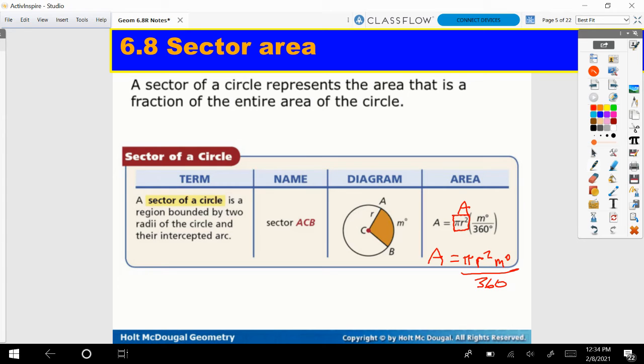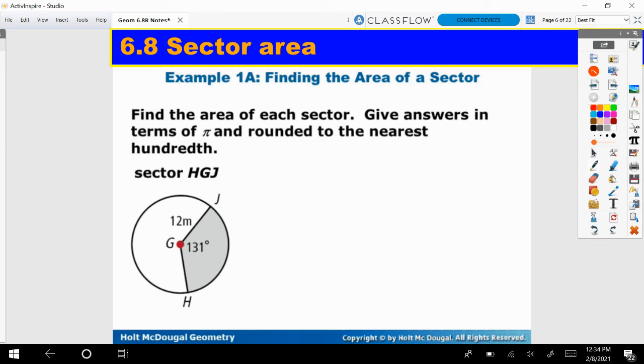Let's look at our first problem of calculating the area of a sector. Here's what we got. This area in gray is our sector of the circle. Its measure is 131 degrees, and we just want to calculate the area of this space of the circle. We have all the information we need.